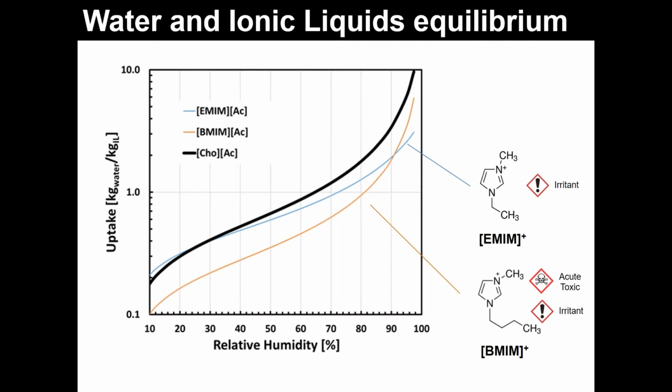So in the previous slide we changed the anion, but what happens if we change the cation?